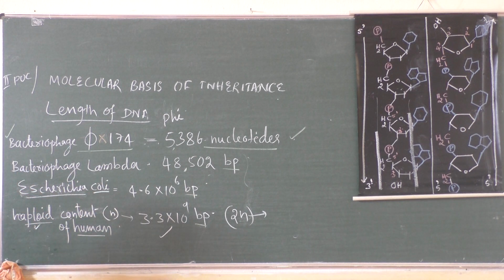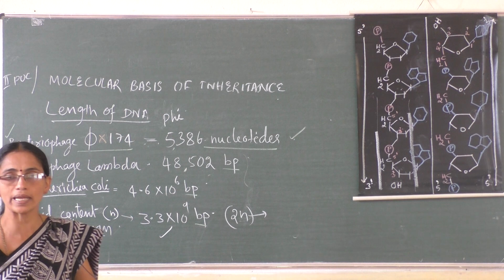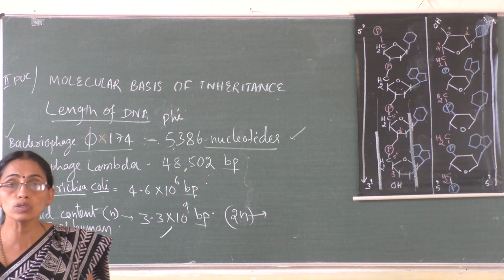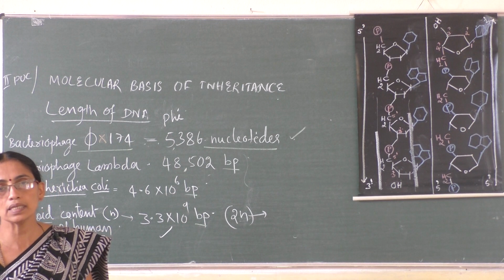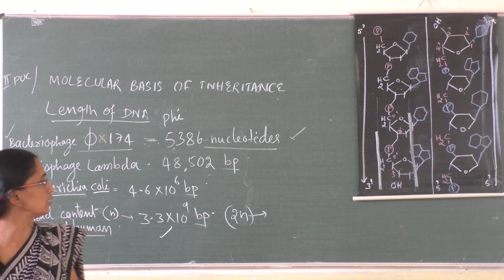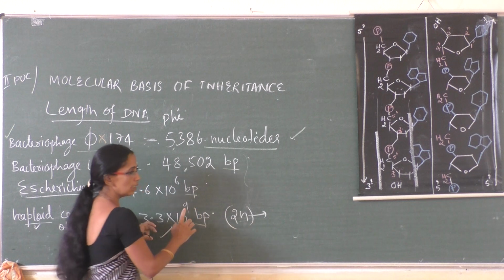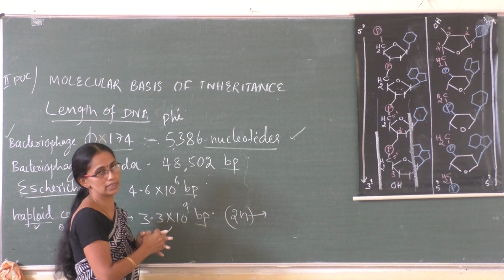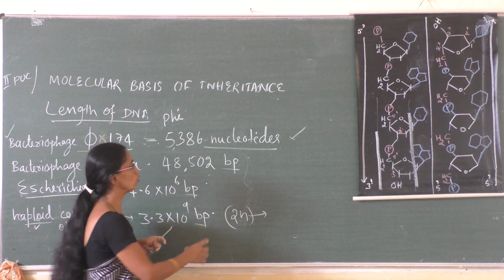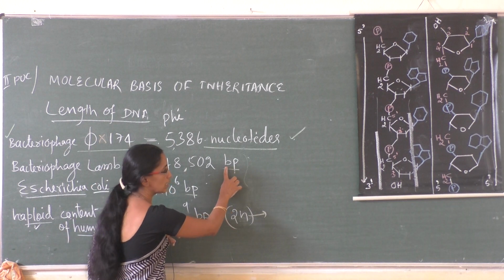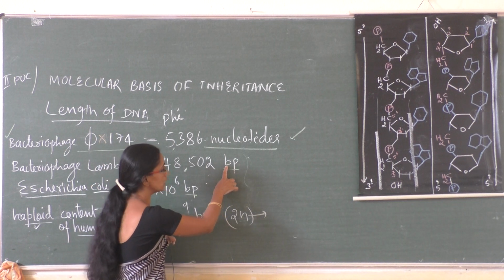Length of the DNA is always explained by the number of nucleotides or by telling the number of base pairs, the pair of nucleotides. Base for nitrogenous base.